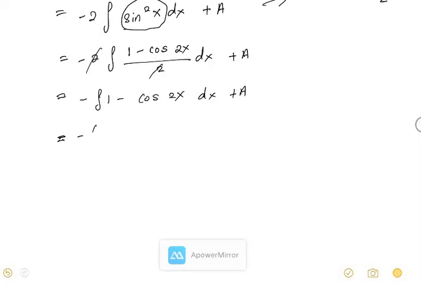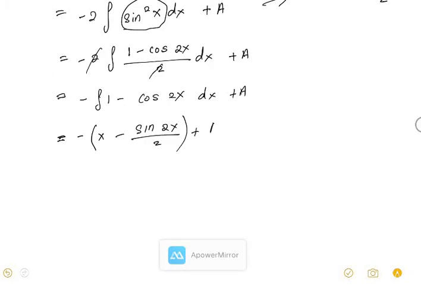Then integrate. Integrate the 1 dx, you get x.